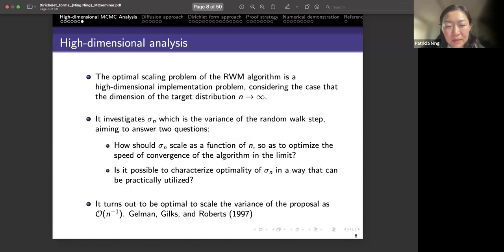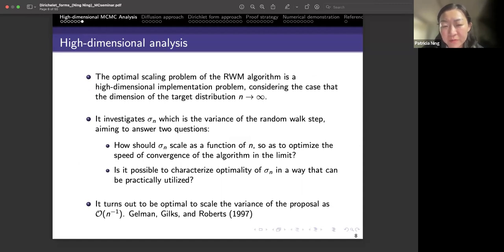It investigates sigma_n, which is the variance of the random walk step, aiming to answer two questions. First, how should sigma_n scale as a function of n so as to optimize the speed of convergence of the algorithm in the limit?